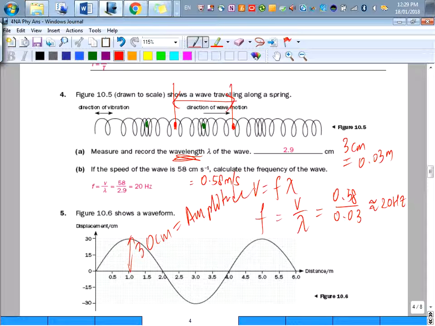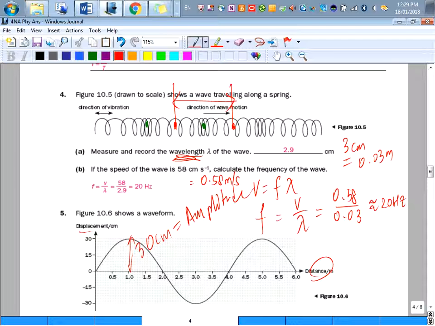Okay, what else can we tell from this? Kim Hong? Wavelength. How do you choose wavelength and not period? Yes, because it is a displacement distance graph. So on our horizontal axis, it is in distance, meaning it can't be period, because period is measured in seconds.